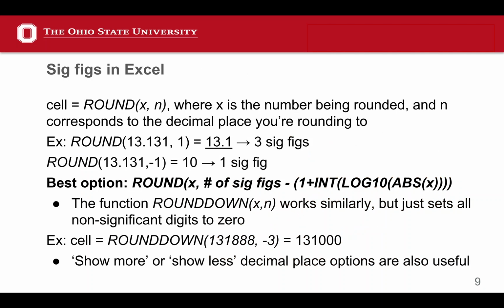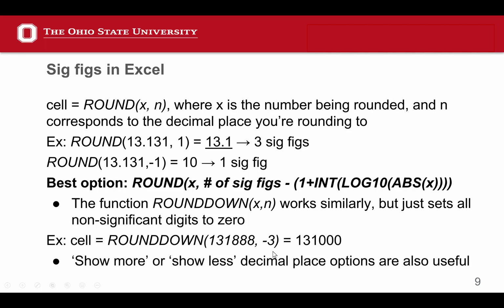So with those rules in mind, here are a few options for correcting for sig figs in Excel. I recommend using some form of the round function, which accepts 2 arguments, one for the number being rounded and one for the digit place that you want to round to. I have a few instances of that function shown here.